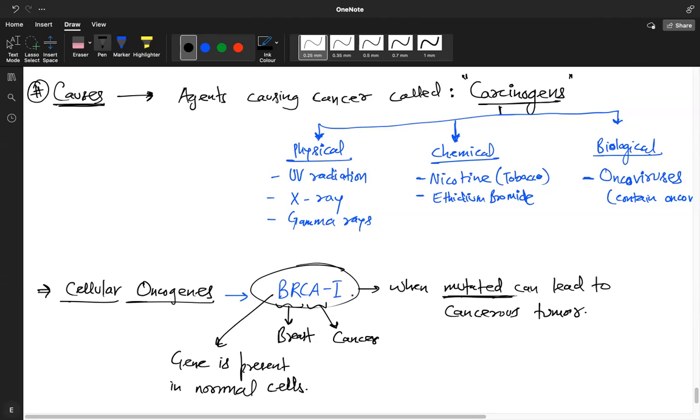So that's why it's there. But all the genes which have the potential to cause cancer once they mutate are called oncogenes. There is another name for this. Sometimes books also refer to them as proto-oncogenes. The word oncogene means cancerous genes.